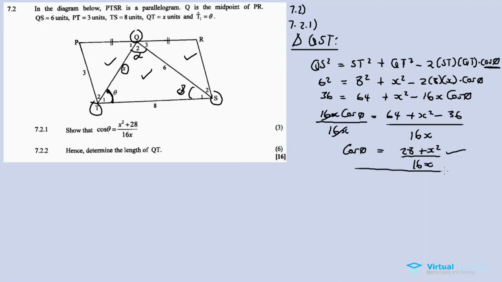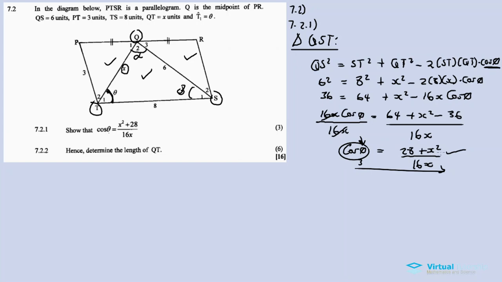I cannot solve this for x because of the cos theta. If they had given me the angle theta, I would just substitute, maybe get 3, and then solve for x. But now I cannot solve for x. So in other words, I need to find another equation in terms of x which is equal to cos theta. That's why I need sort of a simultaneous equation.